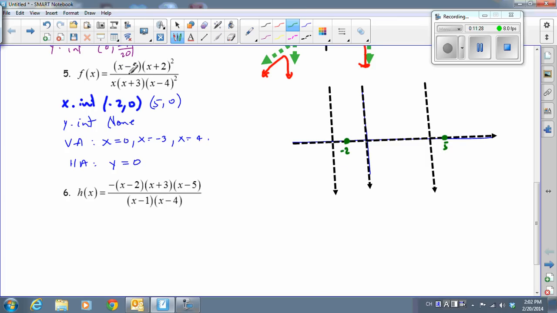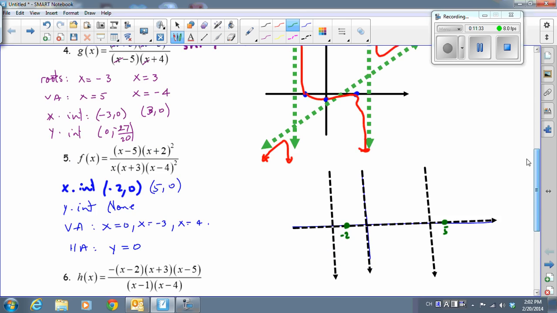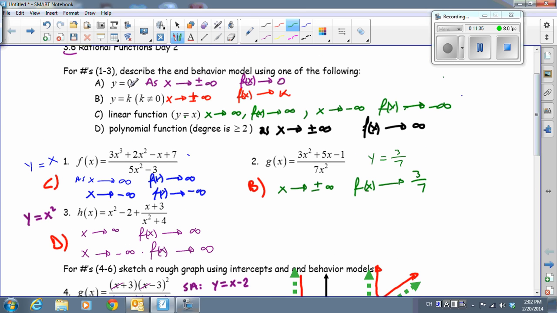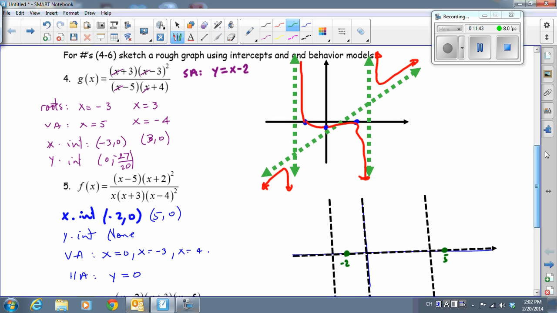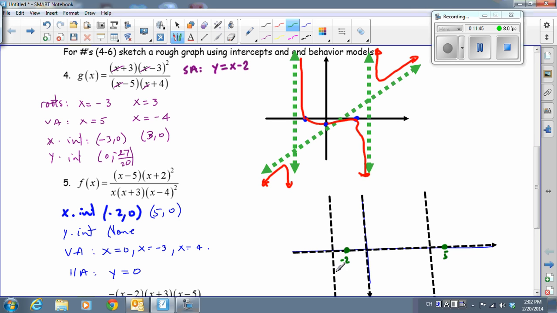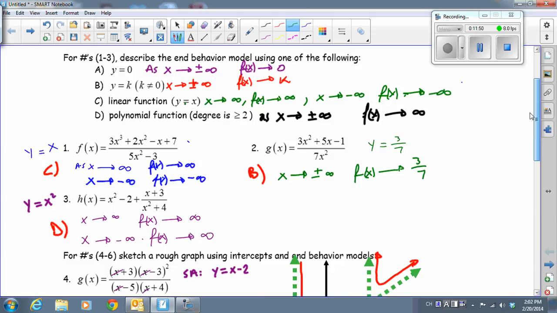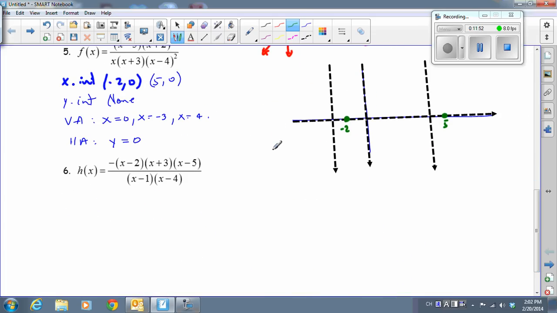And I know that on the back side, let's go ahead and plug in. I'll use this information actually. I know that I have y equals 0. So as x approaches plus or minus infinity, f of x will approach 0. So it will approach 0 on both sides. It will come closer to this axis. I will graph it like this.